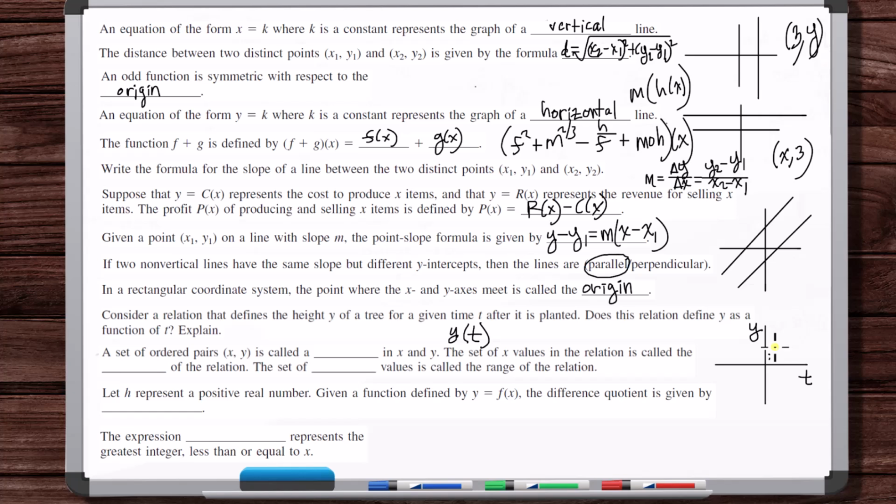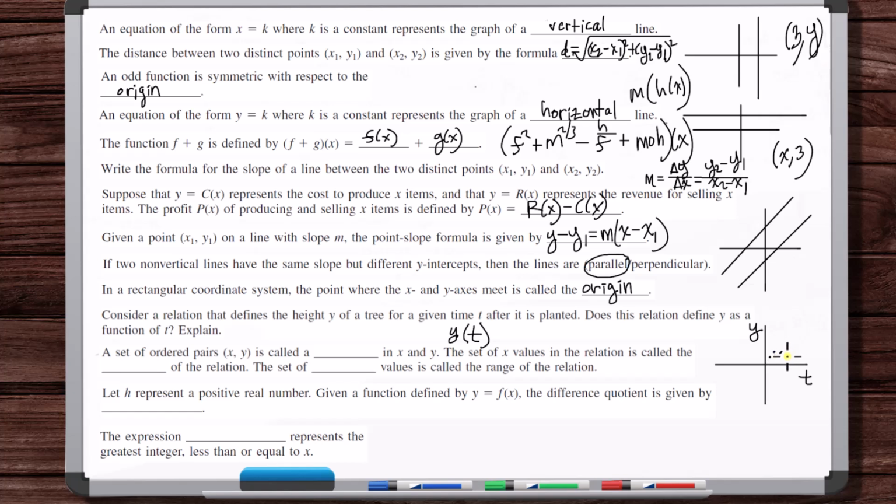All right, let's start over here. Yeah, time doesn't go backwards or stop. So you come here, you go a little bit further in time, it gets taller. Maybe it didn't grow between 2 times. Okay, it's still a function.